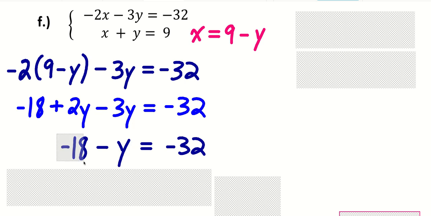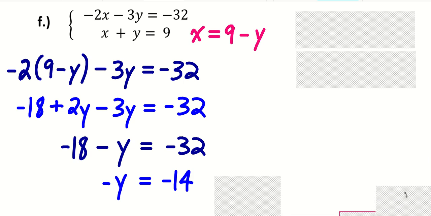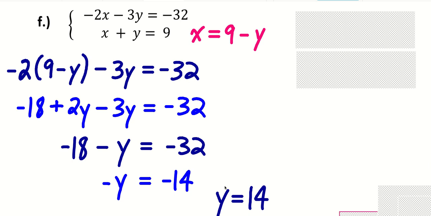I think I want to get rid of that -18. So I would add 18 to both sides. And then what's the final step here? Because this is not done. What's the last step to solve for y? Remember, technically this says -1 times y. So you could divide both sides by -1, and so that's what y equals. And then what's left to do?